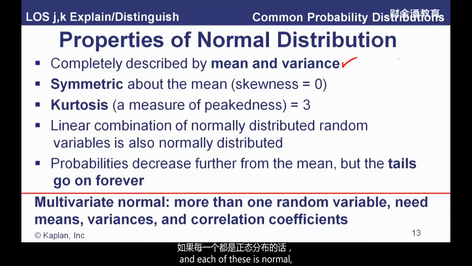Each of these is normal, and besides the means and the variances of each of these variables, we can also specify the correlation coefficient or covariance, that is the relation between them.